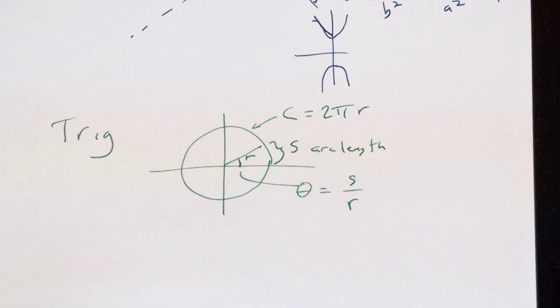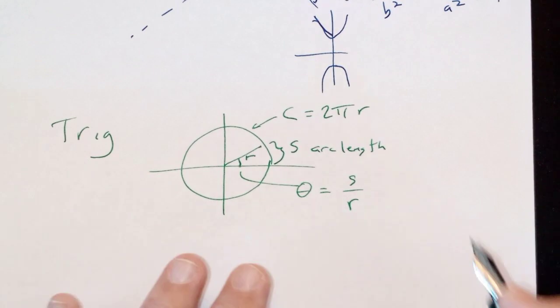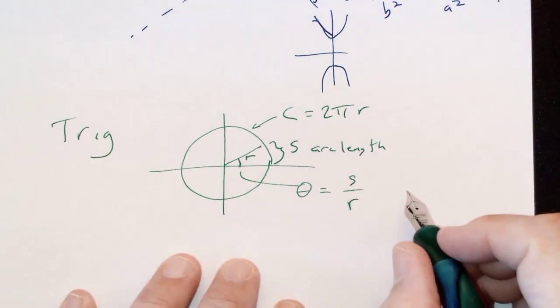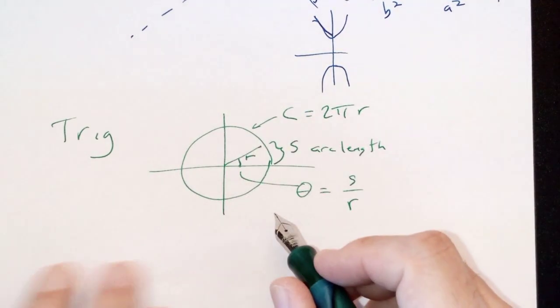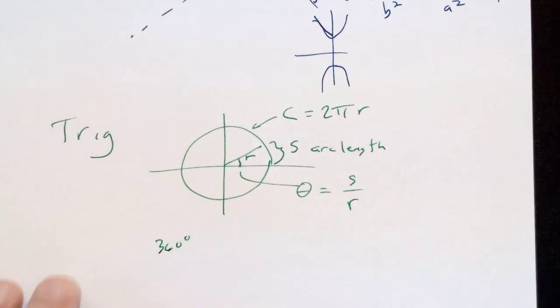Please notice, if I'm measuring in feet, both of those are in feet. If I'm measuring in centimeters, both of those are in centimeters. If I'm measuring kilometers, these are both in kilometers. That means that angle doesn't have a unit. And that's why radians don't have a unit or a mark. But now I say to myself, wait a minute, if I go all the way around the circle, that's 360 degrees.